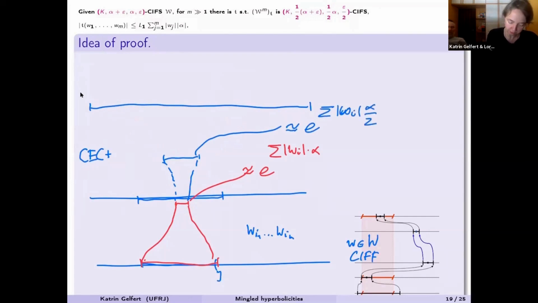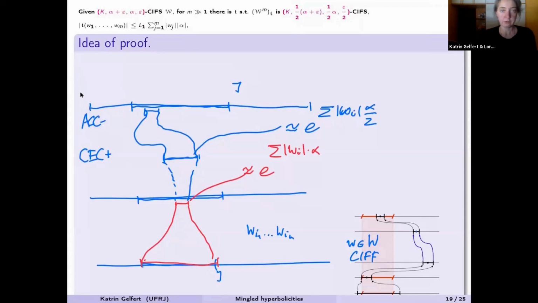Okay, so you get some interval of a certain size, and then eventually you would like to end in your blending interval J. So then you use the accessibility property, where this interval may be somewhere else, doesn't need to be close to the blending interval, but then to end up in this blending interval by some finite iteration.